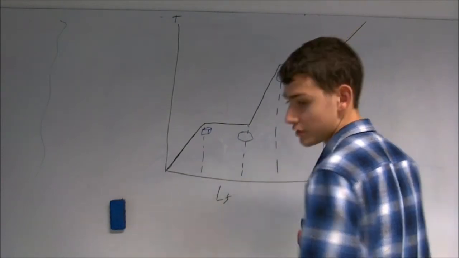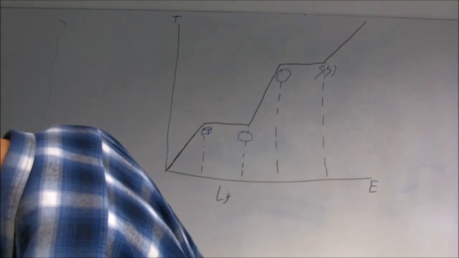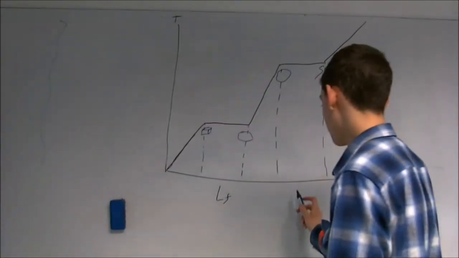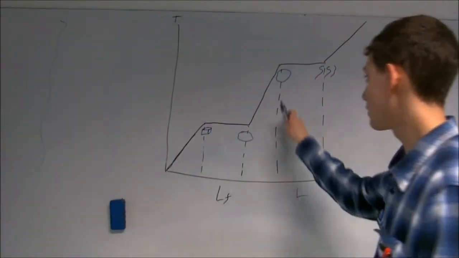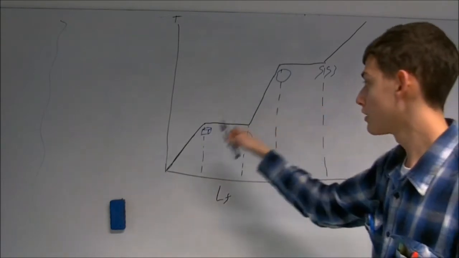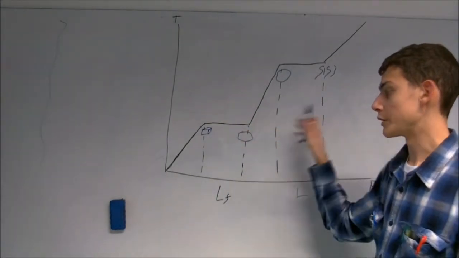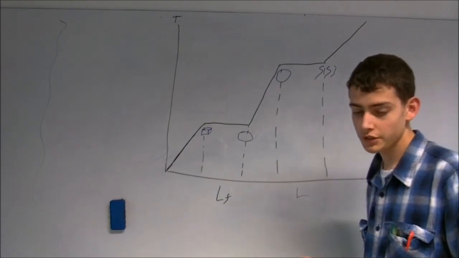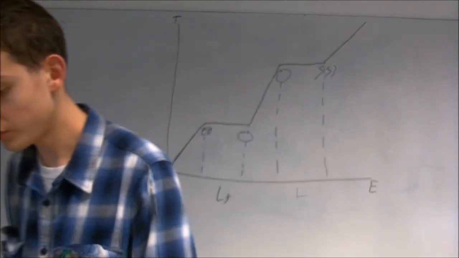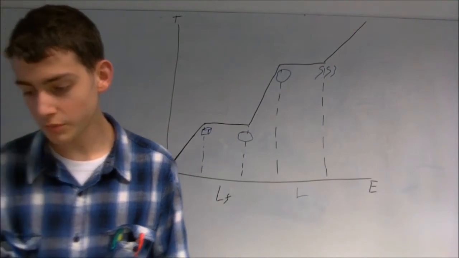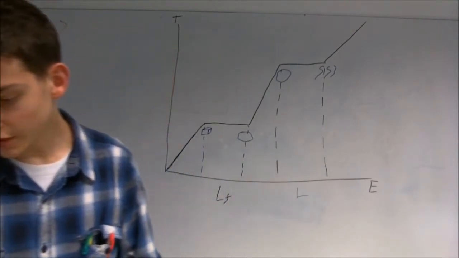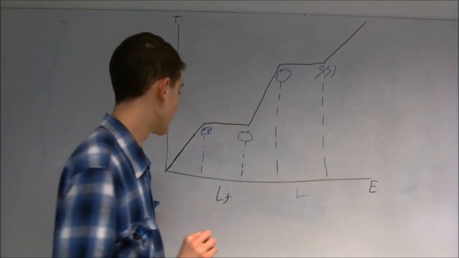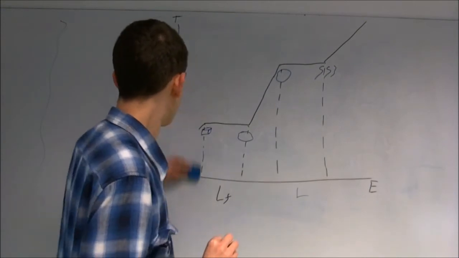And I just saw the book use L. So this is vaporization from liquid to gas, and fusion from solid to liquid, or vice versa. And this is different for every material, and they should give it to you for the specific materials they're talking about in their book.